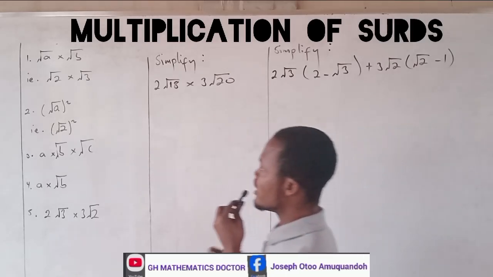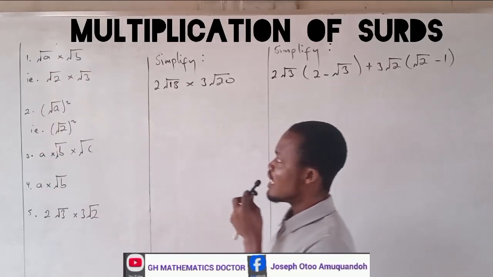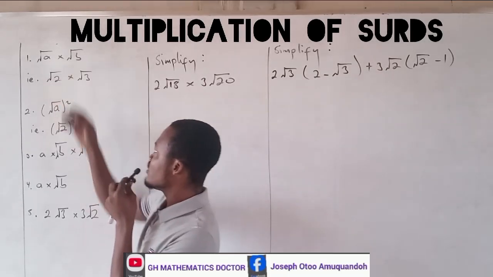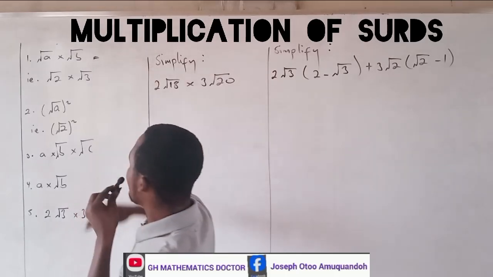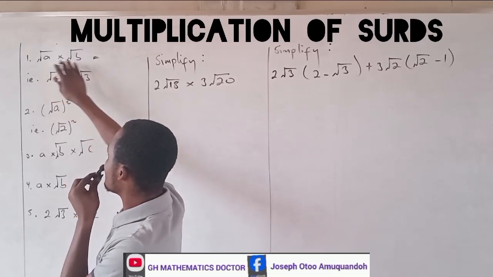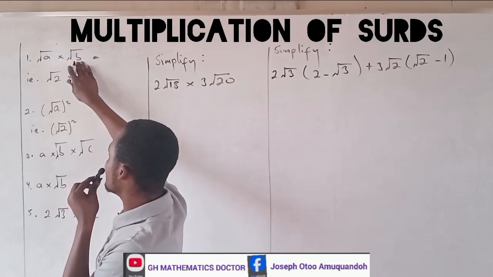Principle number one: whenever two surds are given to you to multiply, no matter what we have in the square root, we need to multiply the numbers in the square root. In this case, we have root a times root b, so we multiply what we have in the first square root, that is a, and the second, that is b.